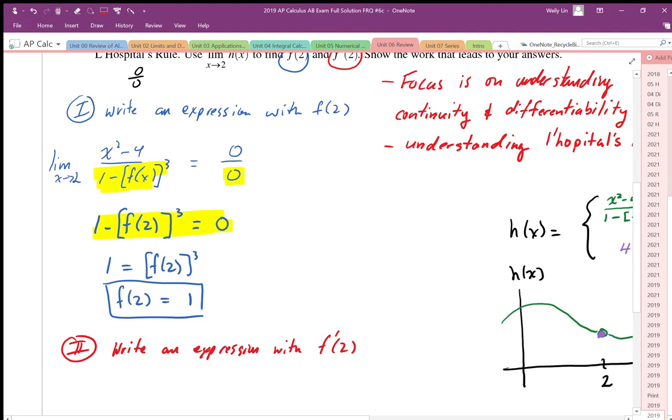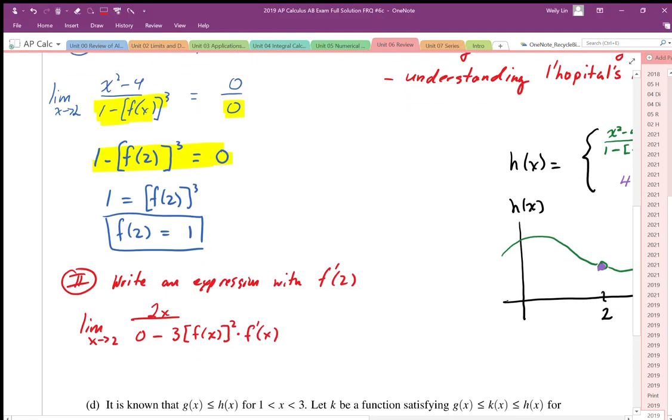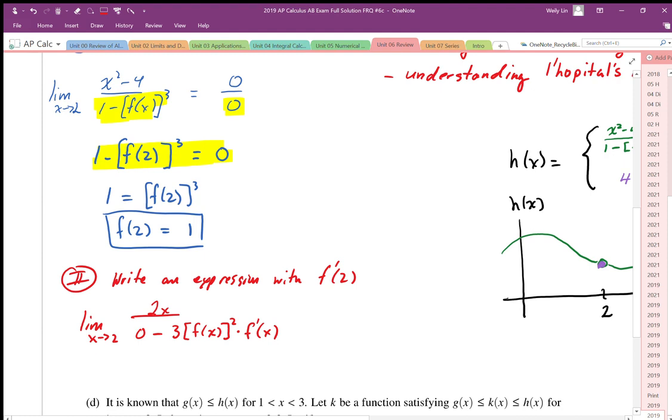And since we have the condition of 0 over 0, we can actually differentiate by applying L'Hopital's rule. So that's what I'm going to do then. I'm going to have the limit as x goes to 2. I'm going to differentiate the numerator and differentiate the denominator. So it becomes 0 minus 3 f of x squared times, I have to apply the chain rule here, f prime of x. There's my f prime expression that I want.